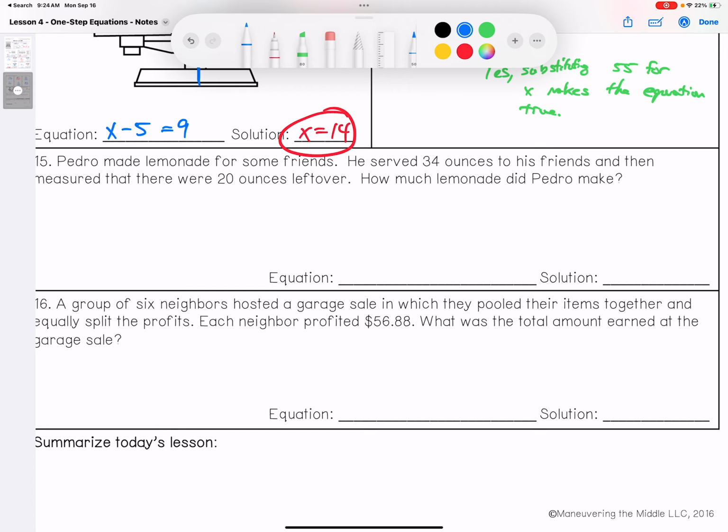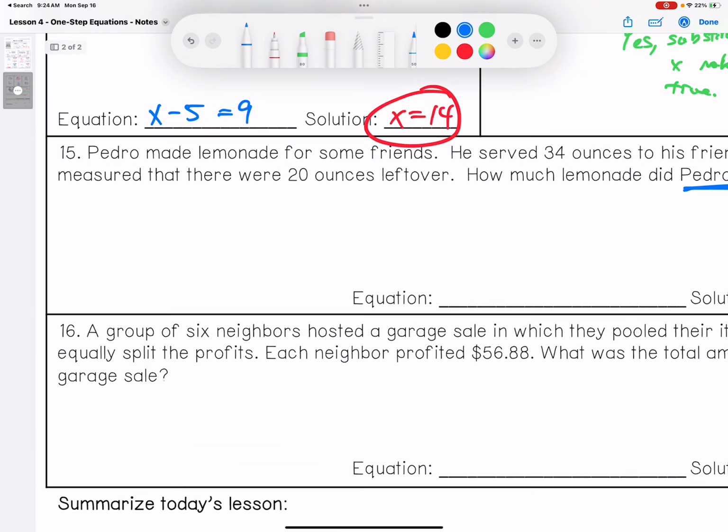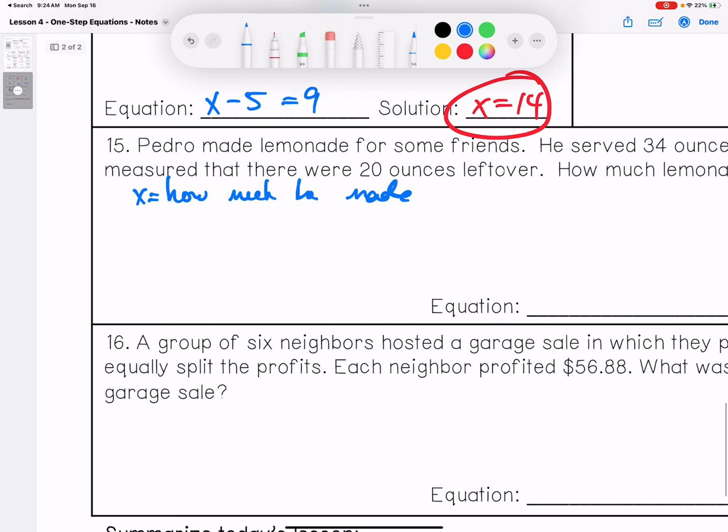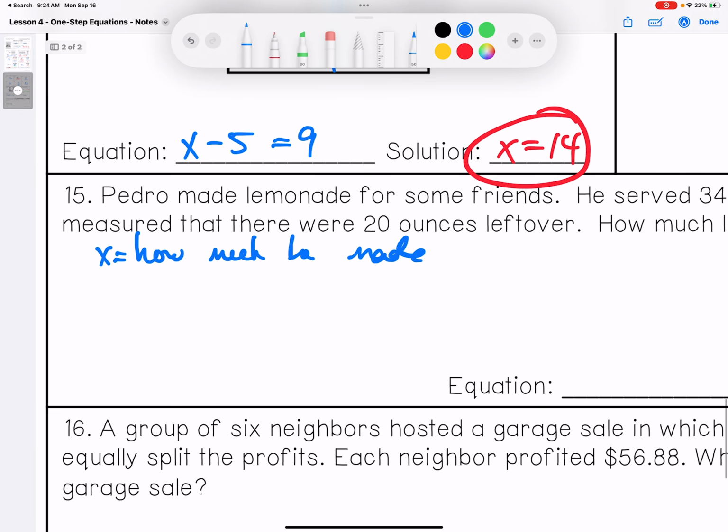But I want you to make an equation, okay? So what do we not know? We do not know how much he made, okay? So that's x. We don't know it. So x is how much he made. We're looking for that. 34 is how much he served.